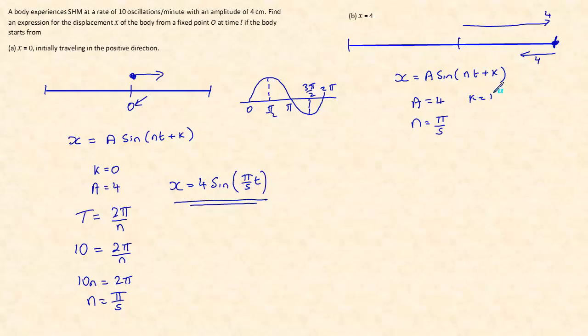So k is going to be pi by 2. And so we can now say that x is going to be 4 sine pi by 5t plus pi by 2. But of course we know this relationship with the sine, that if we move it by pi by 2 it becomes a cos. So 4 cos pi by 5t.